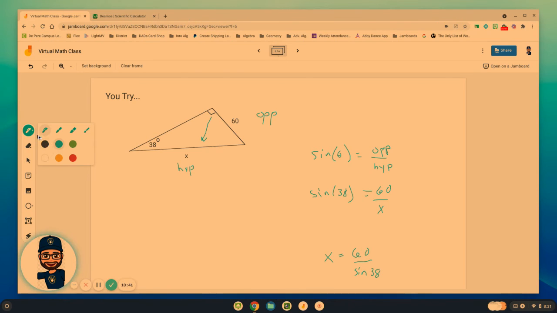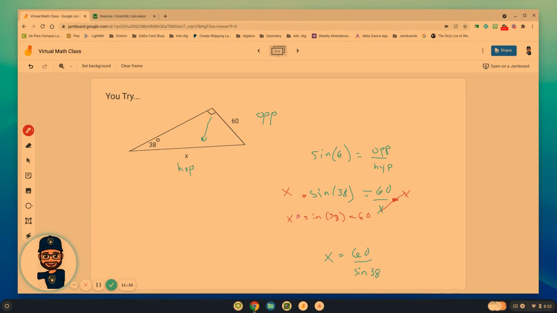All right, let me show you why that happens. If I multiply, right, we want to get rid of x on the denominator. So I multiply by x and I multiply by x. I get x times the sine of 38 equals 60. Right? Because the goal over here on the right was to make sure that those two canceled out.